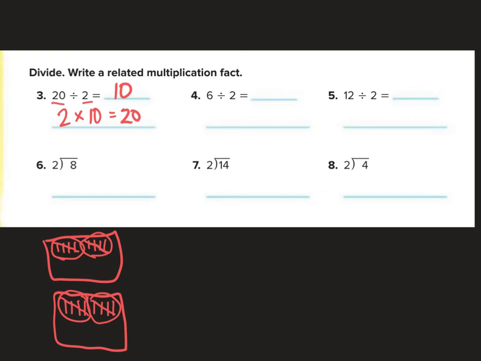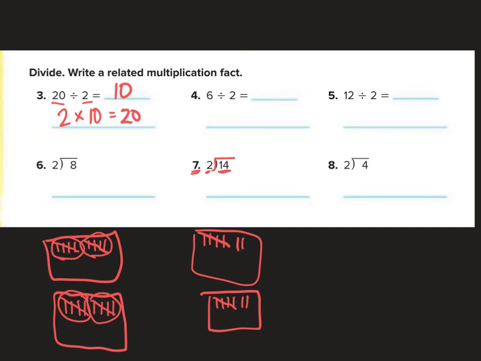Okay, let's do a house one. Let's do number 7. I have 14. Remember, I always start inside the house. 14 divided by 2. Okay, so I have 2 groups. Here we go. 1, 2, 3, 4, 5, 6, 7, 8. Okay, I have 4 sticks. Now I have to cross. 9, 10, 11, 12, 13, 14.